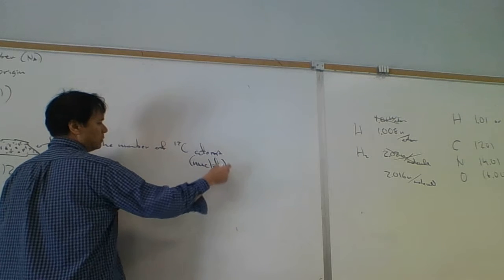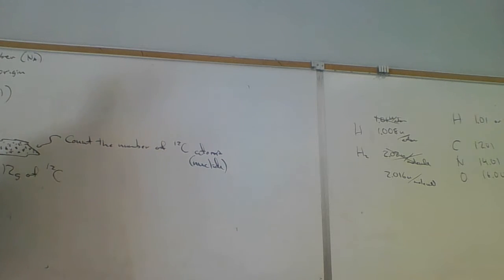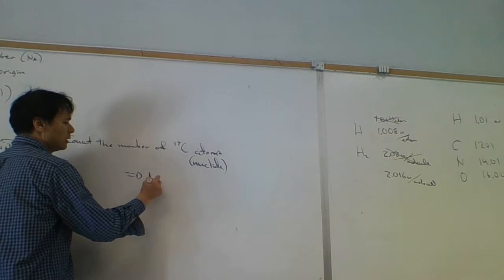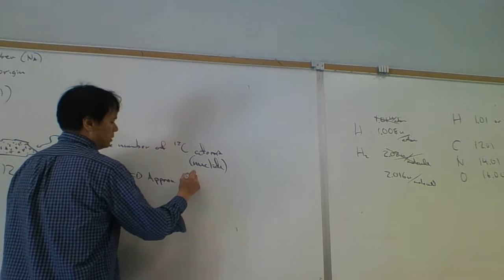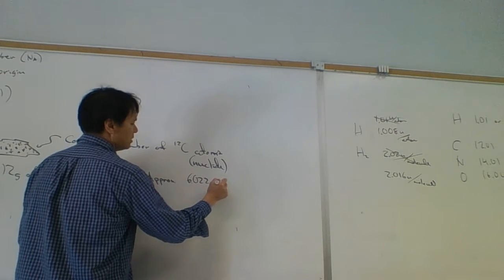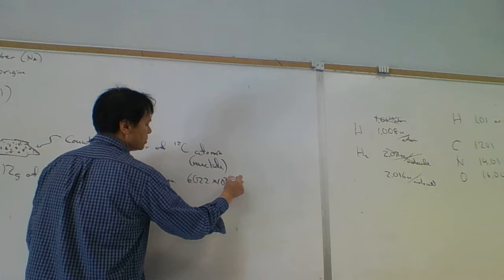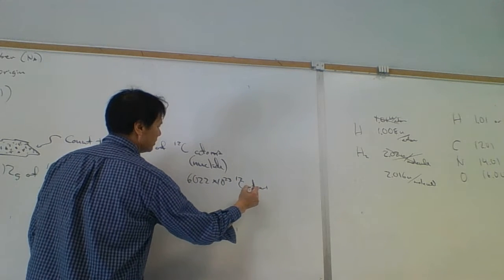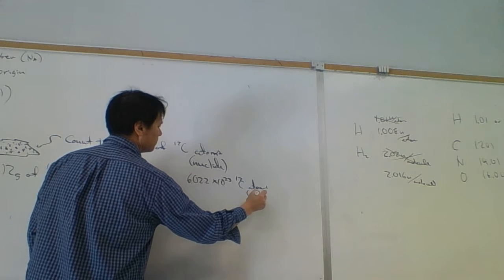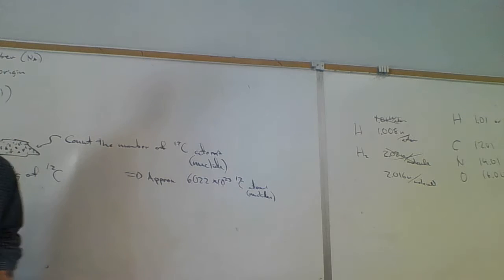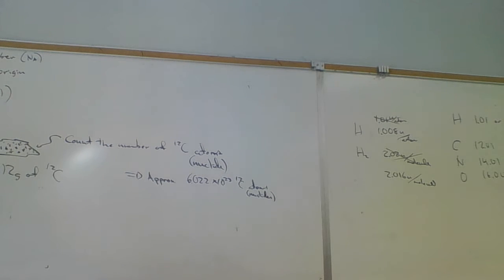So if we count the number of carbon-12 nuclides in here, then this is what we get. There are approximately 6.022 times 10 to the 23rd carbon-12 atoms, or nuclides. And so that's where the number comes from.